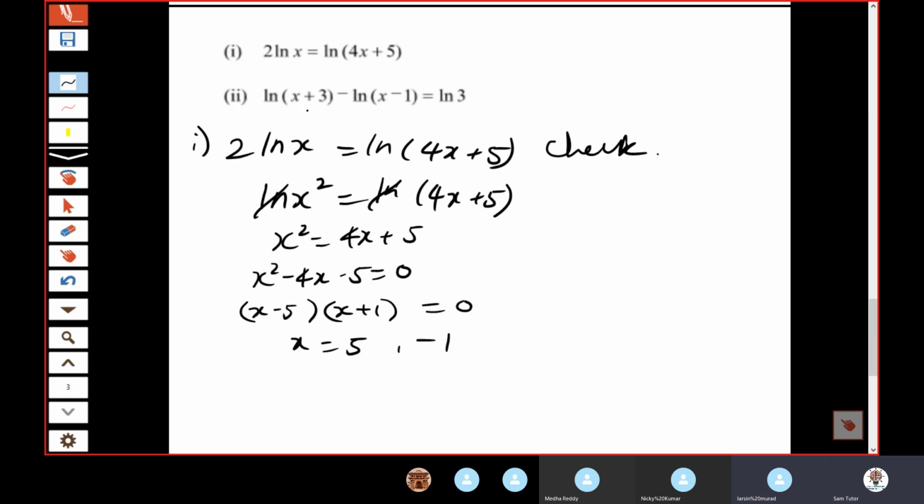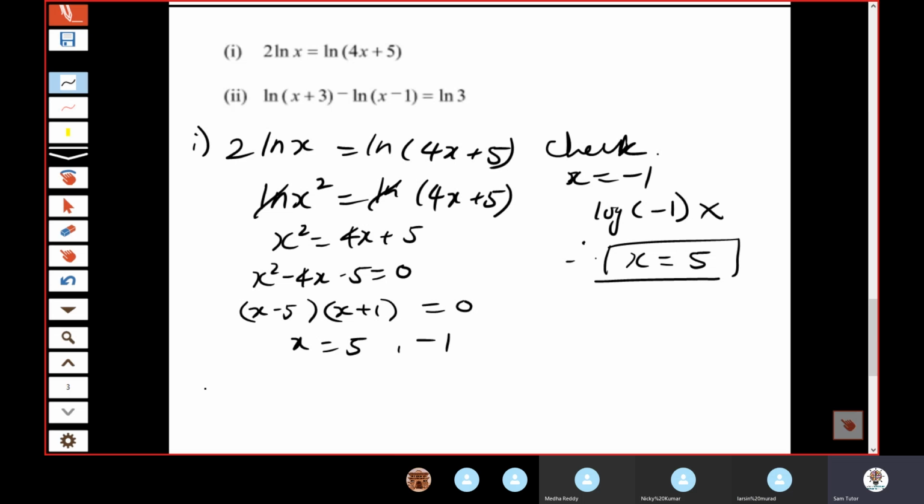If you sub in 5, 2 log 5 is positive. 4 times 5 is 20, 25. That's positive, no problem. -1: log of -1 is going to be a problem. So therefore your only answer is x equals 5.